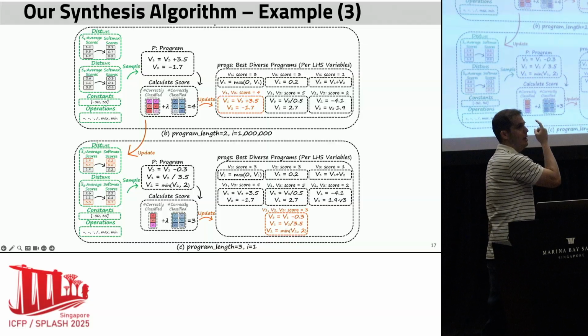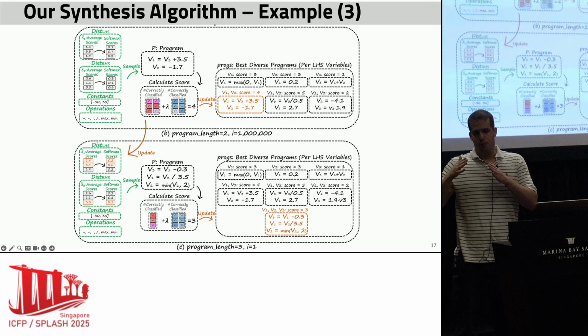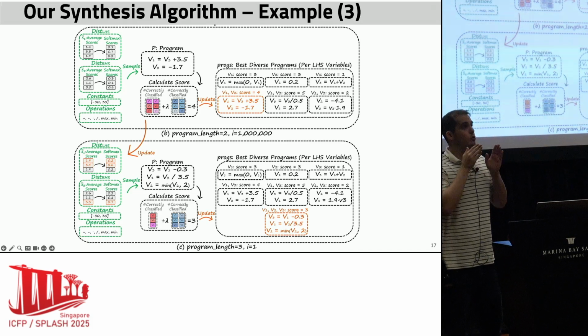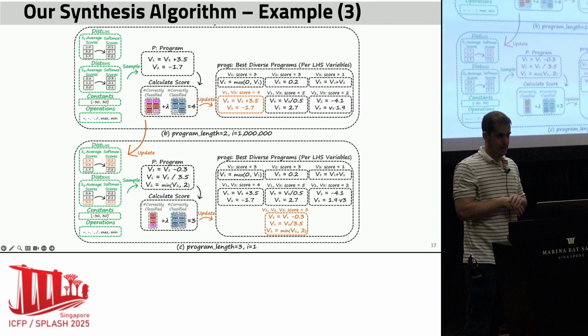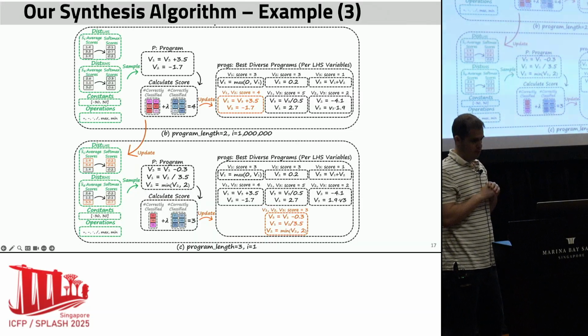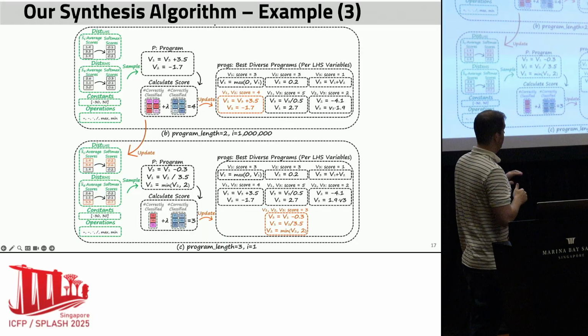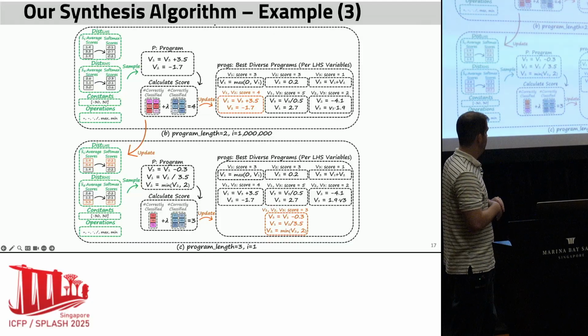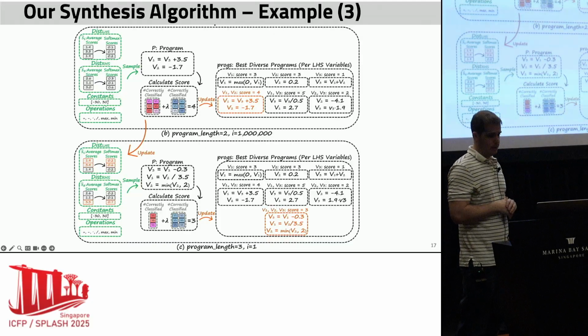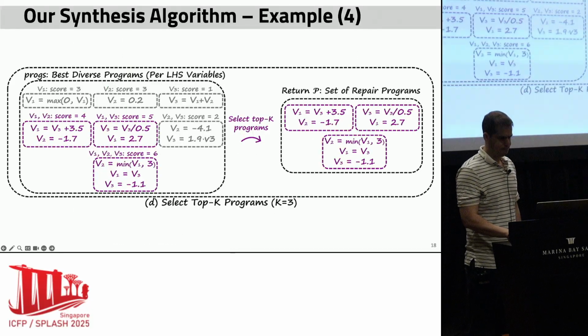The goal of updating the distributions is to direct our search towards more promising variables based on the score of previous programs. We calculate the score exactly as I mentioned before and update our program dictionary.